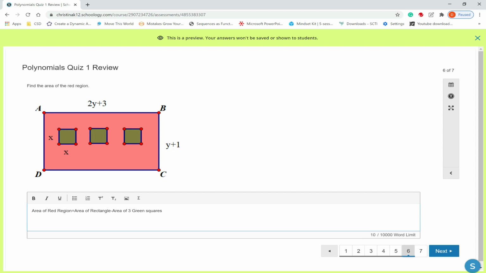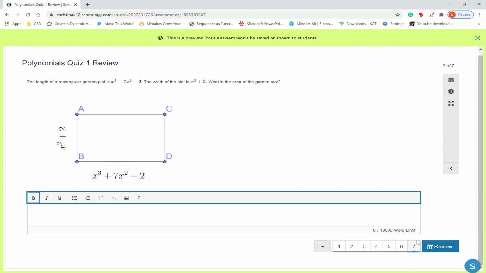So the area of the rectangle was 2y to the second power plus 5y plus 3. And the area of the three squares was just 3x to the second power. Close your parentheses, and we're done. That's all you have to do for this problem.